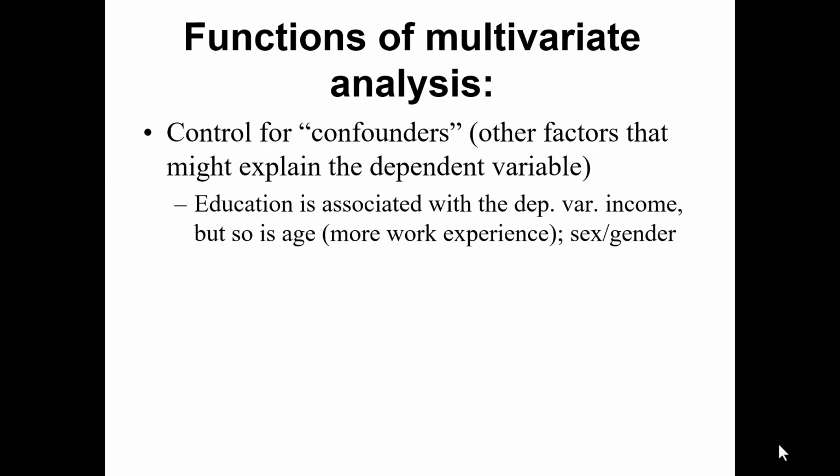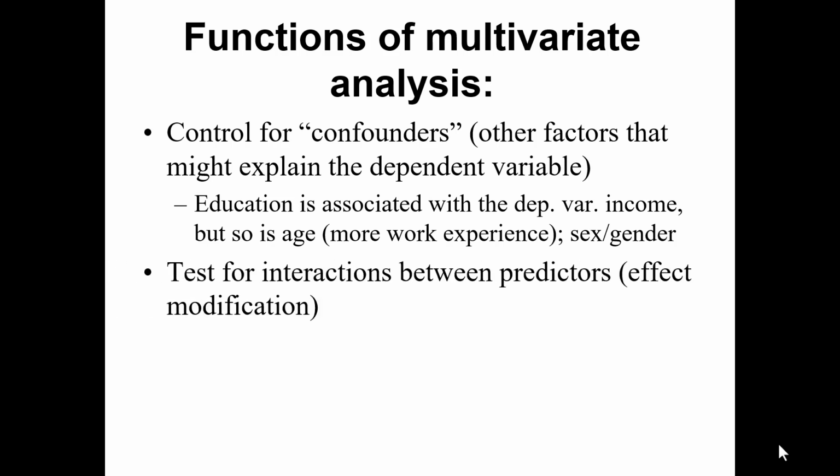So the function of multivariate regression analysis is that you're controlling for the confounders, right? Other factors that might explain the dependent variable other than the main independent variable that you're interested in to test your hypothesis. So education is associated with the dependent variable income, but so is age, sex, gender, other things as well, right?